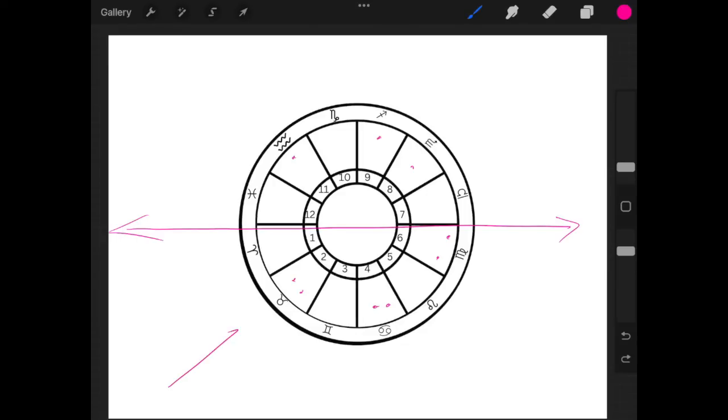So now we're going to take a look at the bottom hemisphere, which again is technically the northern hemisphere, which is just super confusing. So we're just going to leave that out altogether.